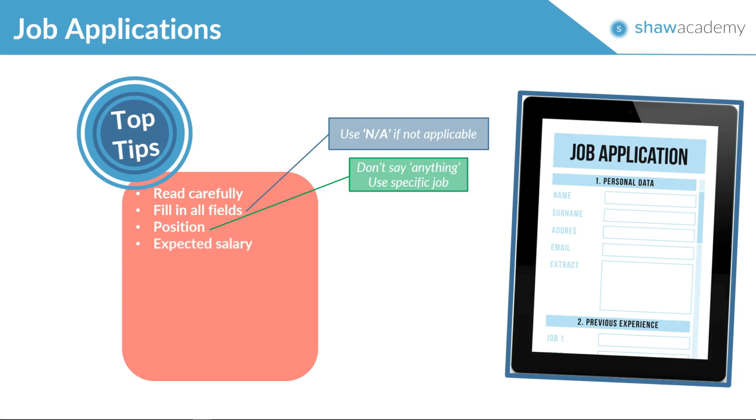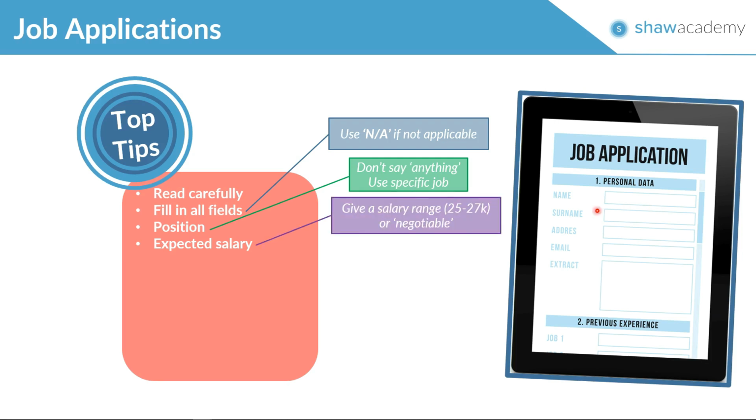Next up, expected salary. Now this is a tricky one. Employers may use this question to screen out applicants, okay? To whittle them down, to get rid of some applicants. So what I would say, this is just my tip, I would say to give a salary range.